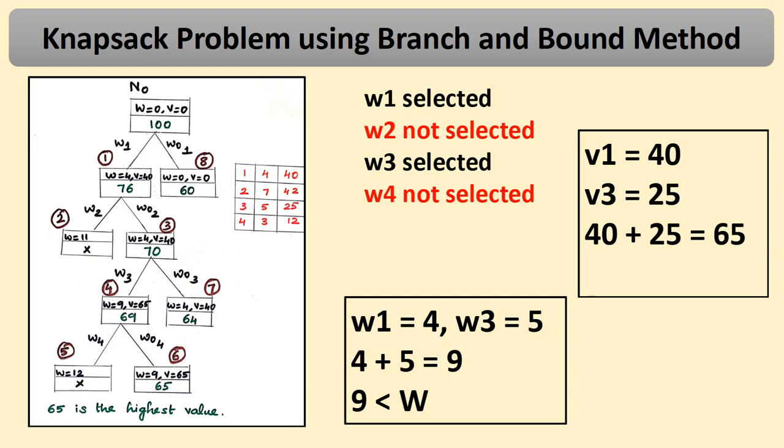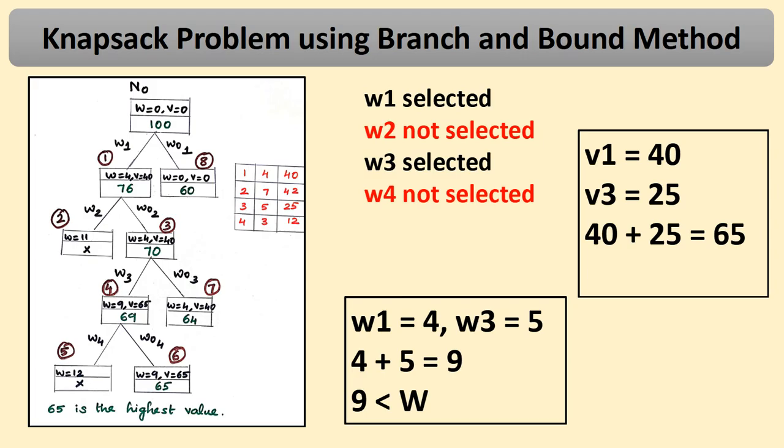Now look at the constructed state space tree. See, when you observe that, we can conclude which are the items that got selected. See, W1 got selected, but W2 has got omitted because it is not feasible. The value of W2 is what? 11. It is greater than the capacity of that bag. Capacity of knapsack is what? 10. So we cannot take W2.